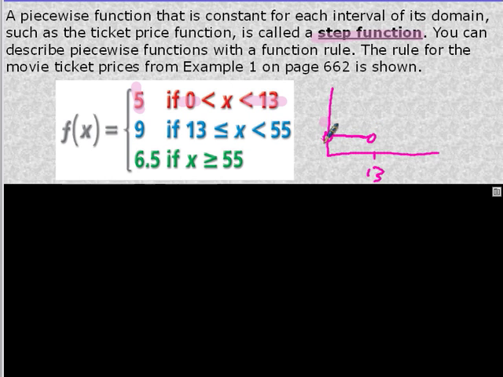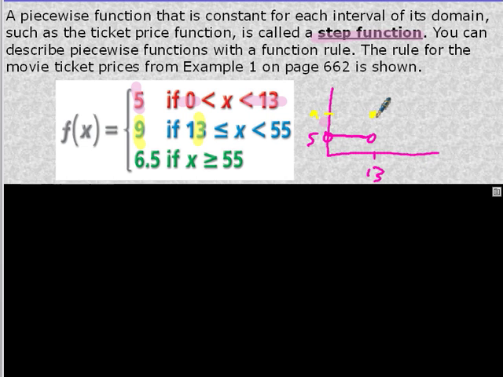You'd have open circles at 5. The value of the function is then equal to 9 when x is greater than or equal to 13. Notice this equal sign, and that means we're going to have a closed circle here at 13 at 9, and then to 55.